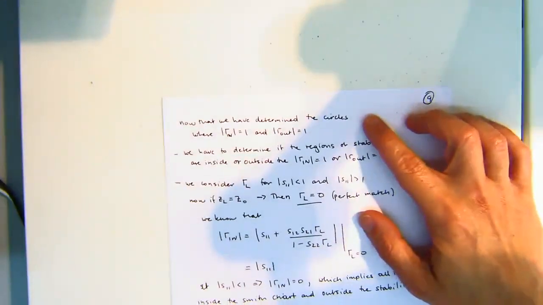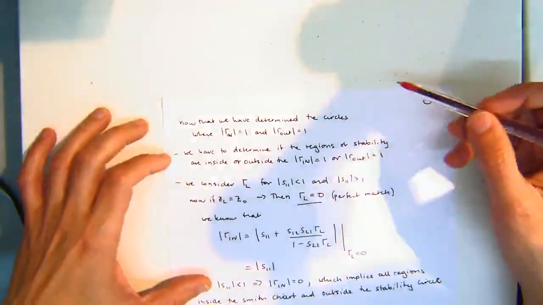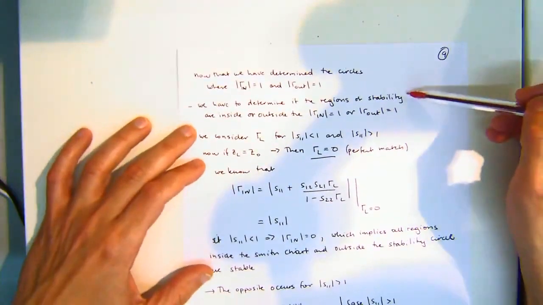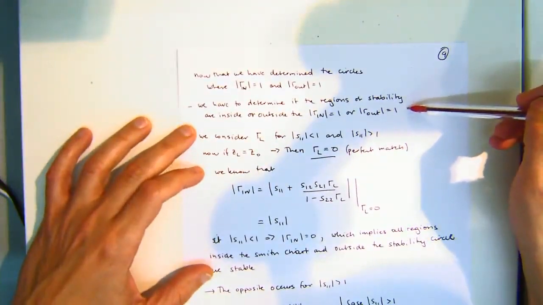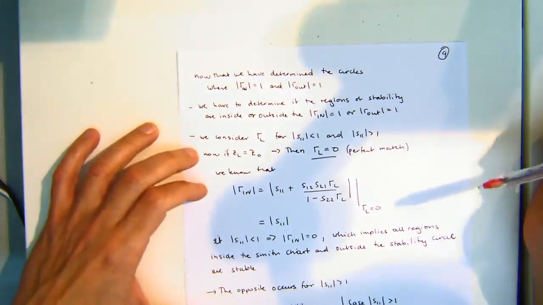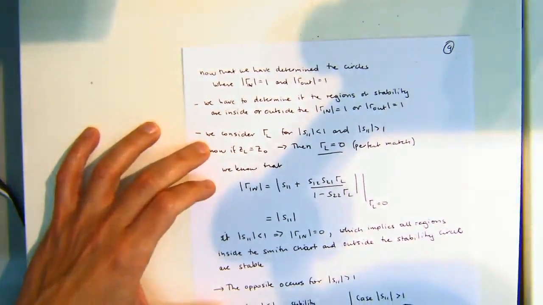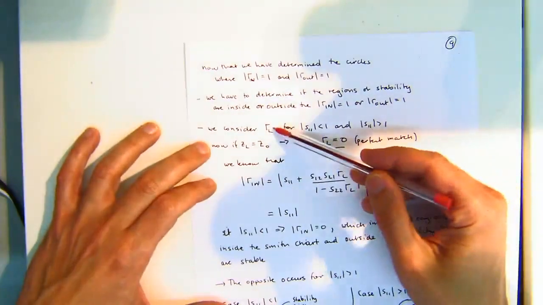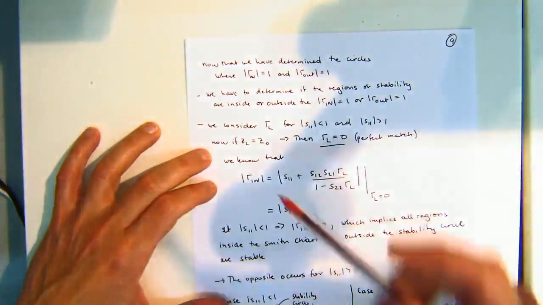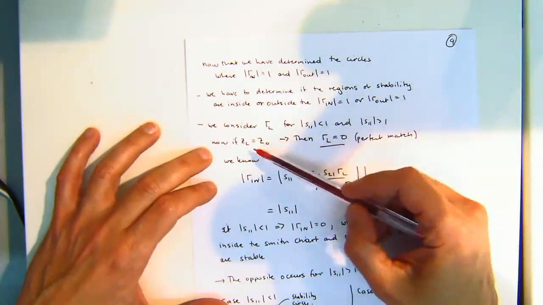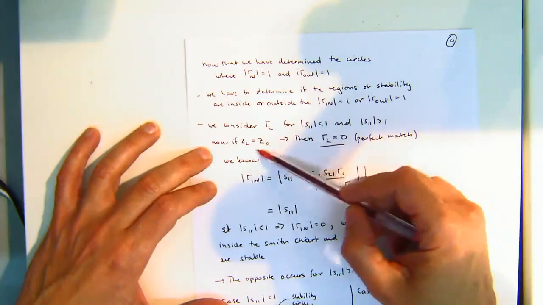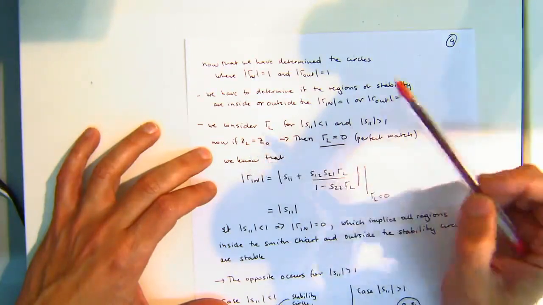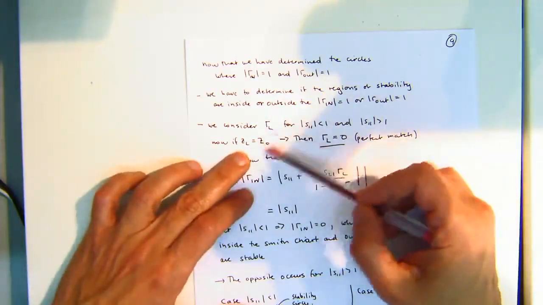Now that we've determined the circles, we have to work out which regions are stable and which ones are not. So we do a bit of a thought test. Let's consider what happens to this reflection coefficient when the load is matched precisely to the characteristic impedance of the line driving that load.